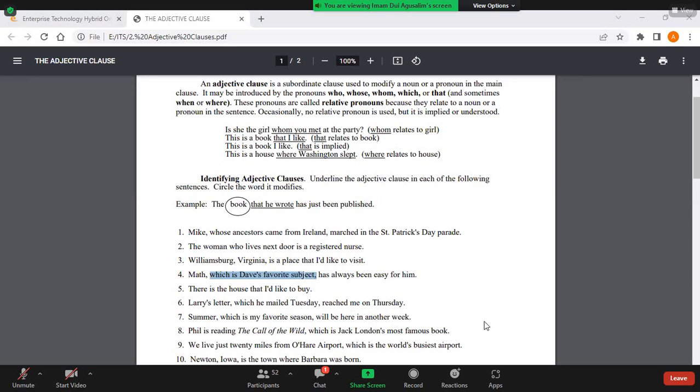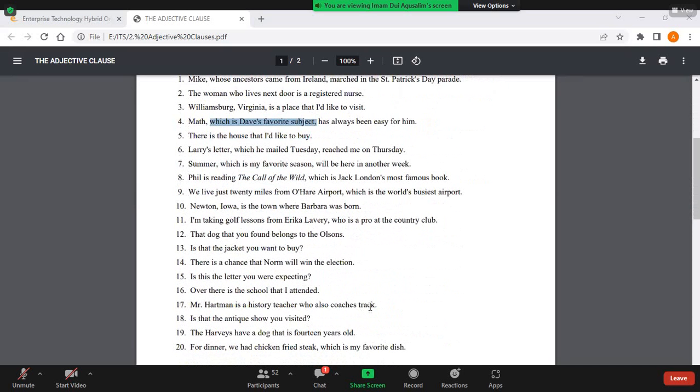Okay, the next one. Azhar Ali Tito. "Which is the world's busiest airport." Yes. Okay, I think you have already understood about the adjective clause. For the next number here: Newton, Iowa, is the town where Barbara was born.